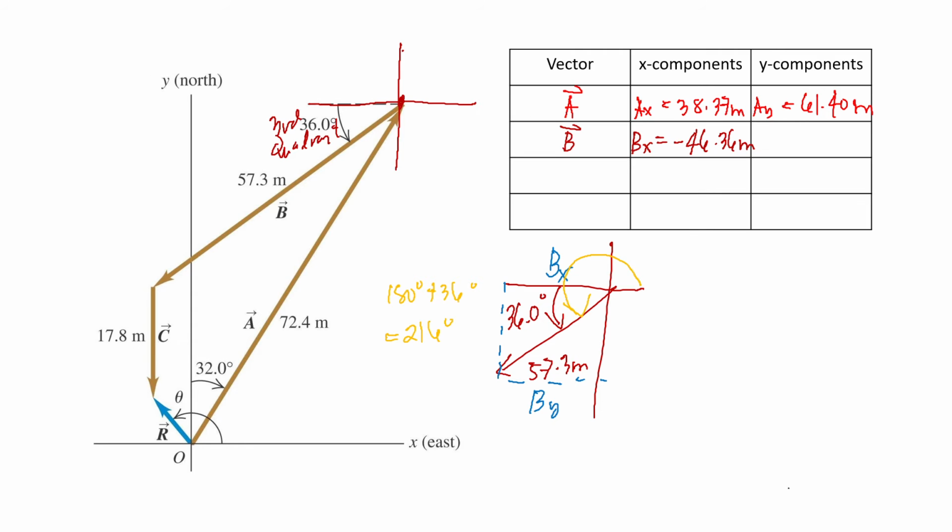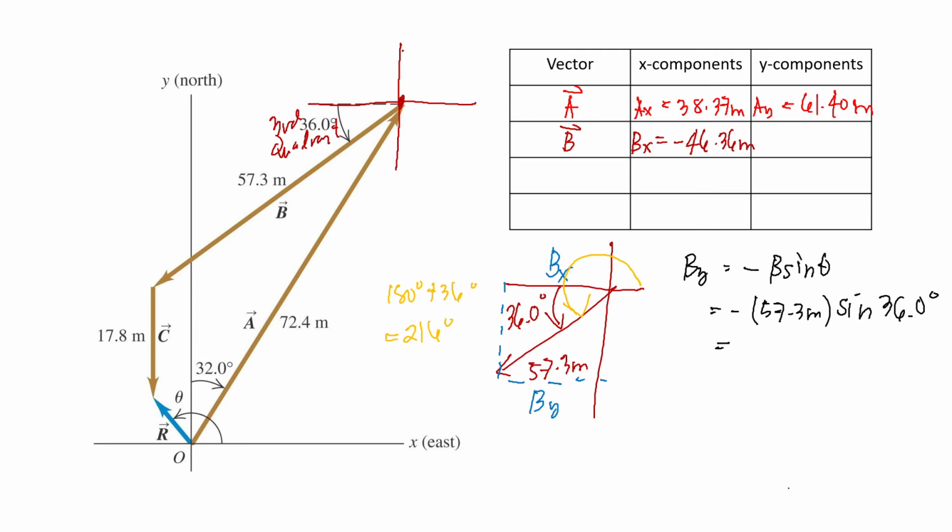So let's solve your by. Your by here is at the opposite side. If I wanted to use your 36 degrees, I put first the negative sign, and then you have your b sine theta. So you have negative 57.3 meters sine 36 degrees.